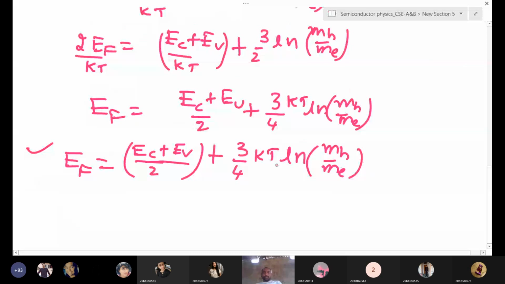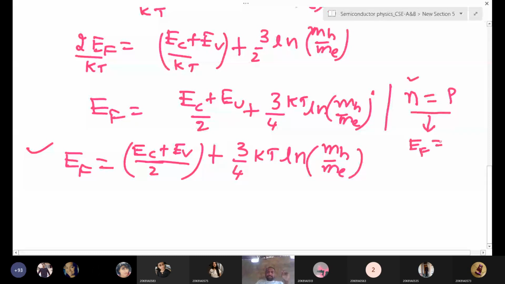Okay, now we'll see one more important thing here. If at 0 Kelvin, or in case of MH is equal to ME, the effective mass of electron is equal to the effective mass of hole.